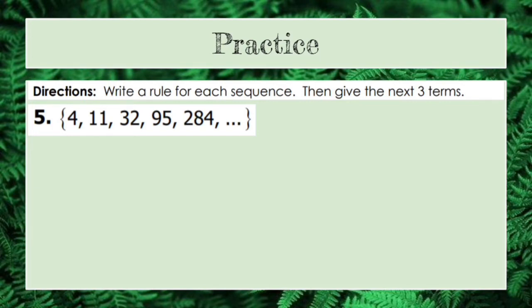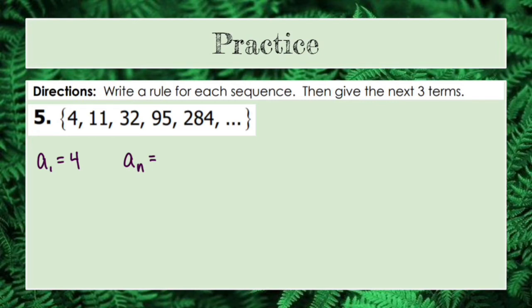The first thing that those problems told us is what A sub 1 was. A sub 1 just means the first term. Well, the first term is 4. Easy enough. But then we have to come up with A sub n. We have to figure out what happens to these numbers to get it to equal the next one.